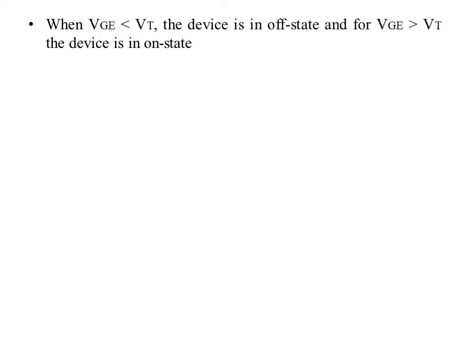So in order to start the IGBT in forward conduction mode, your gate to emitter voltage should be greater than the threshold voltage. Then and only then will IGBT be in on state. Otherwise, it will remain in off state.